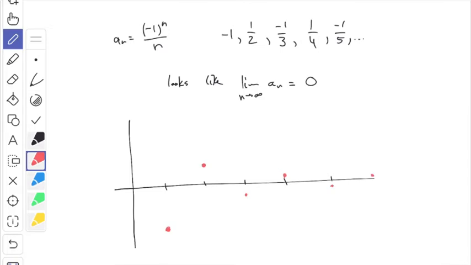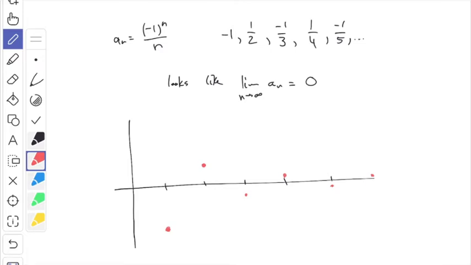And we can see on the picture, if you believe my picture, as you go off to the right, these things definitely do get closer and closer to 0, which means that it looks like the limit of a_n equals 0.